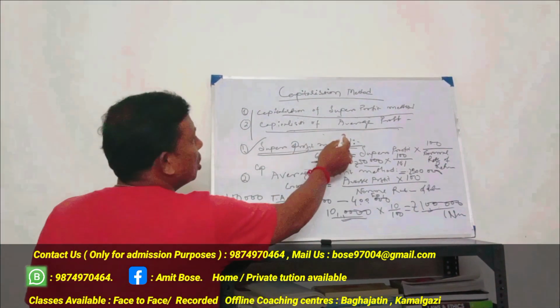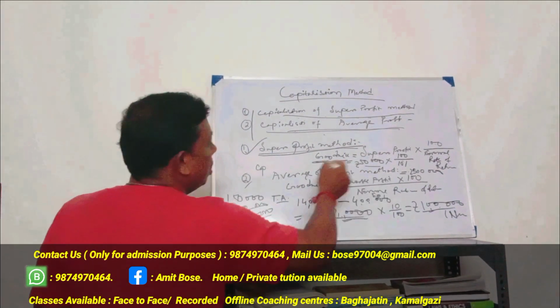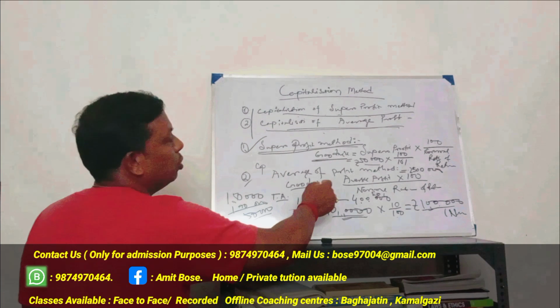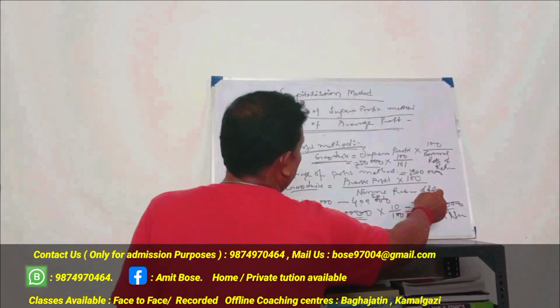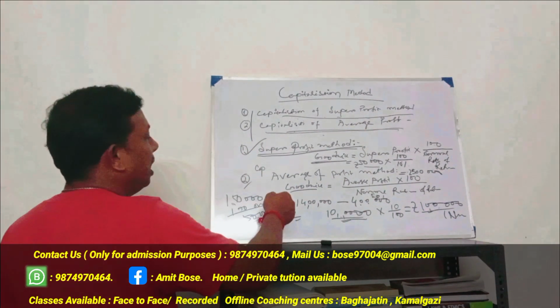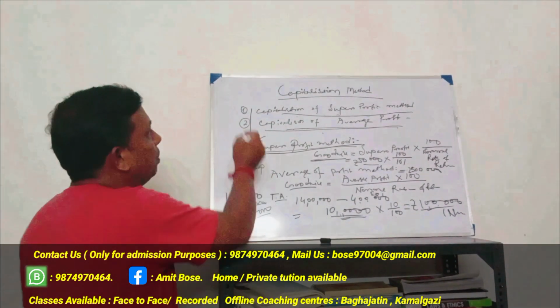Then capitalization of average profit method: goodwill equals average profit into 100 divided by normal rate of return. After that we solve this problem, illustration number 23 of T.S.